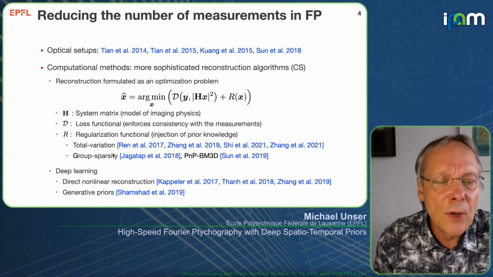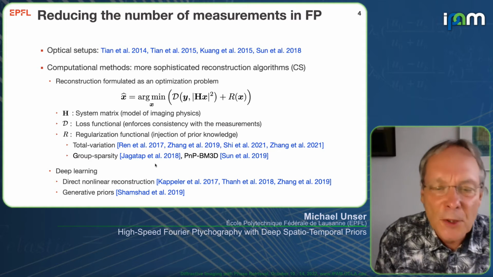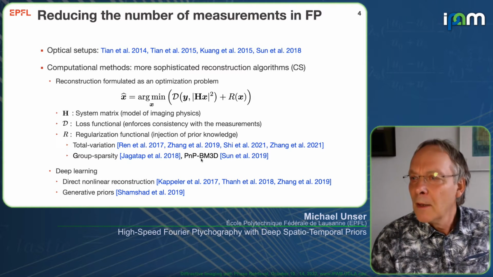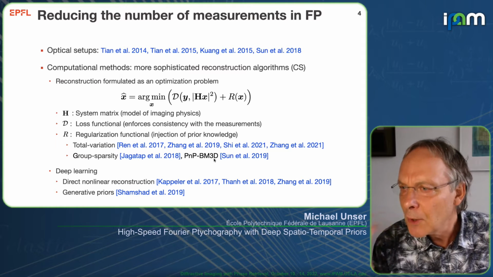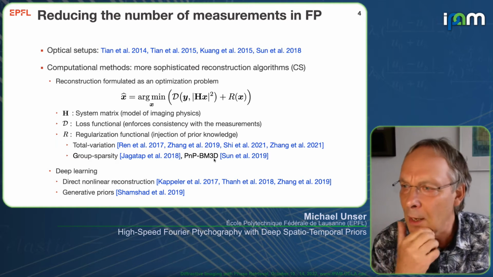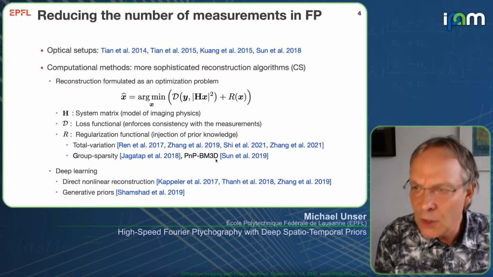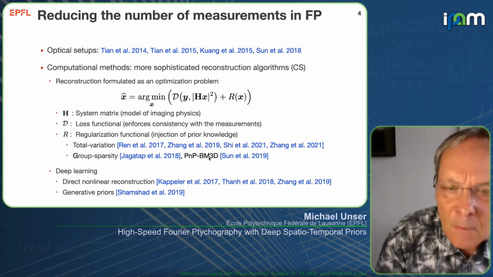And then there are also variants imposing group sparsity, and also the plug and play algorithm with BM3D, which are the kinds of methods people use for solving all kinds of inverse problems in imaging. So all those methods are applicable here.